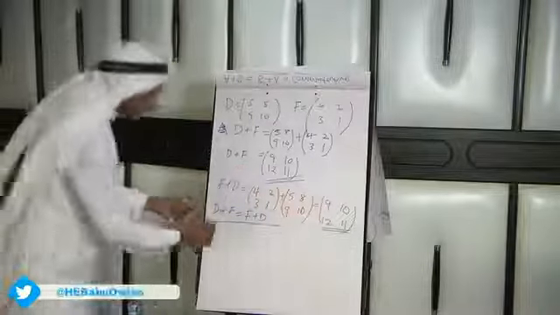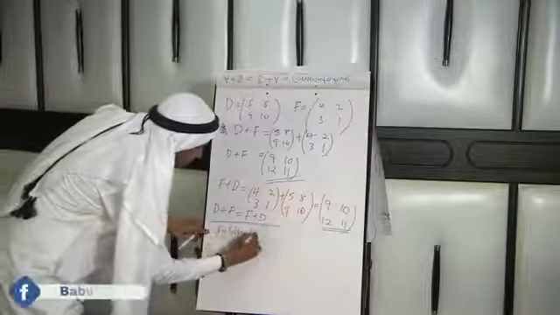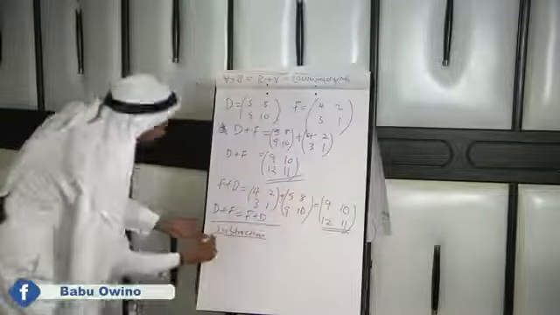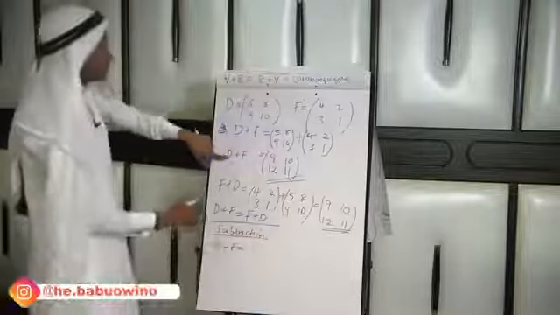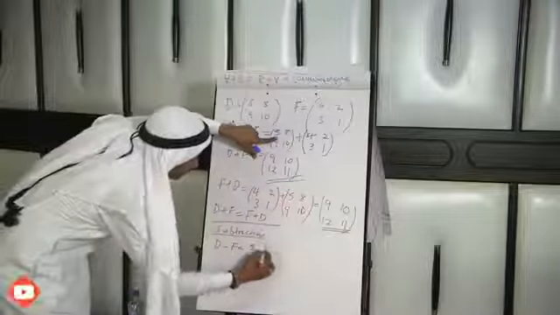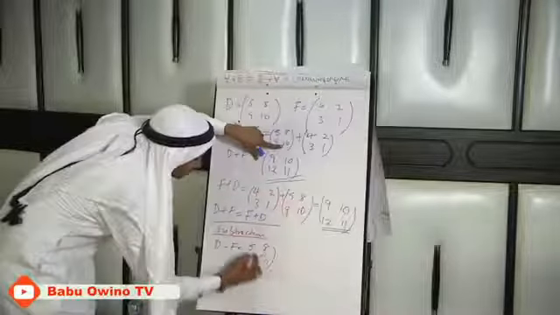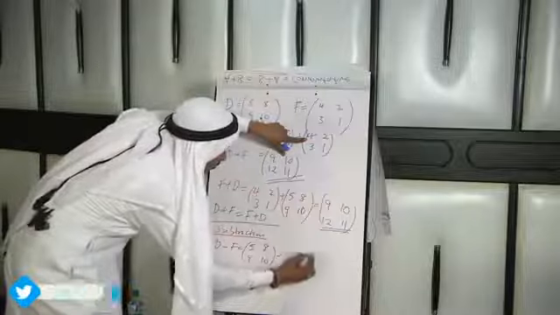When you subtract them, subtraction, D minus F. What is D minus F? We have D as 5, 9, 8, 10, minus F, which is 4, 2, 3, 1.